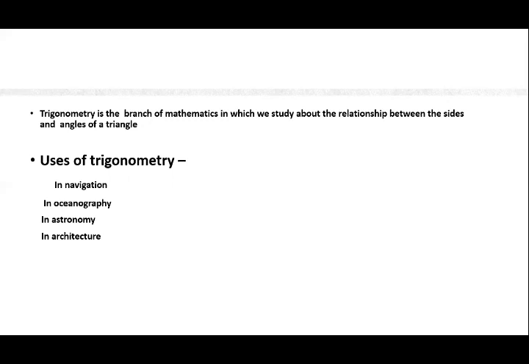In oceanography also, trigonometry is used to calculate the height of the tides. In astronomy also, astronomers calculate the distance of the planets or the stars from the earth with the help of trigonometry. In architecture also, we use trigonometry to calculate the relative angles.